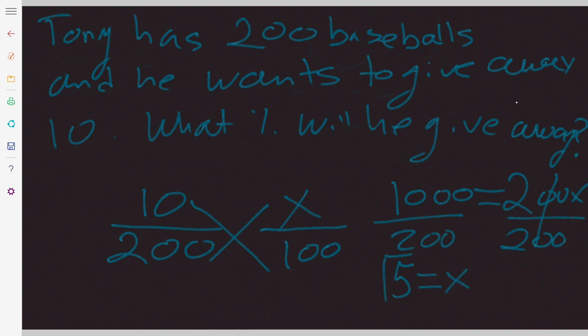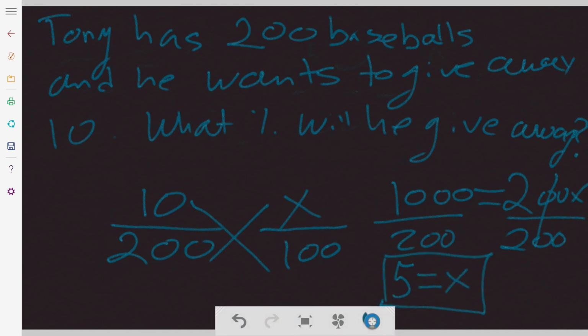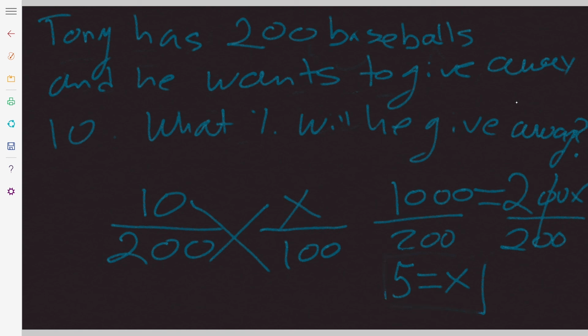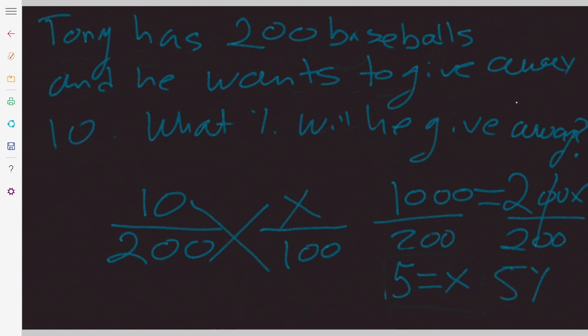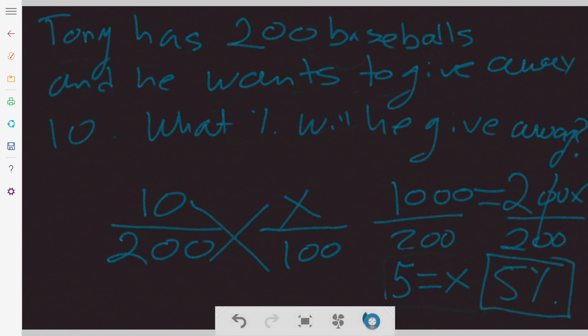So 5 equals x. So you can't put that right there. Actually, I made a mistake. You should not box this answer. You need to convert it into percentage. So essentially, if this is 5 over 100, that would mean it's 5% of his collection that he's giving away. So that is one simple problem that I want you guys to be able to do.